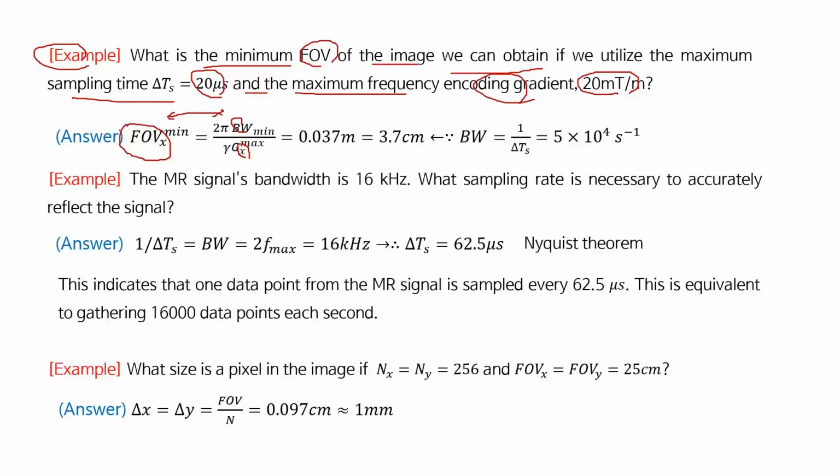So we can have a minimum FOVX of 3.7 centimeter. Because the sampling time is given, we can get the bandwidth, the inverse of the sampling time gives the bandwidth. So we can use the bandwidth here.